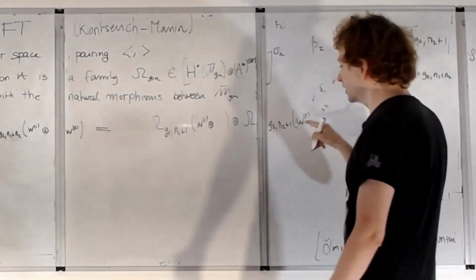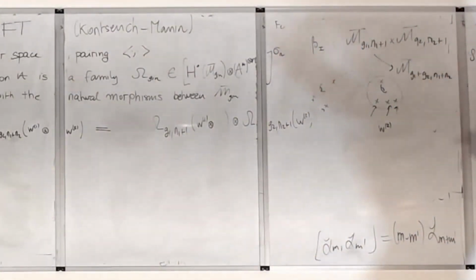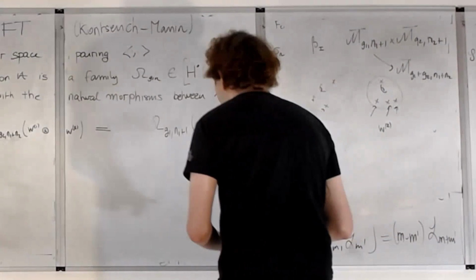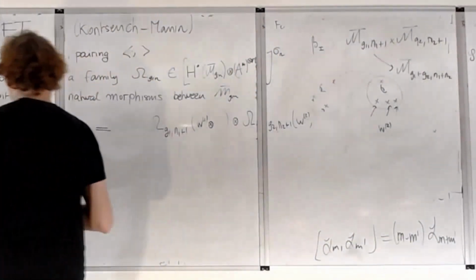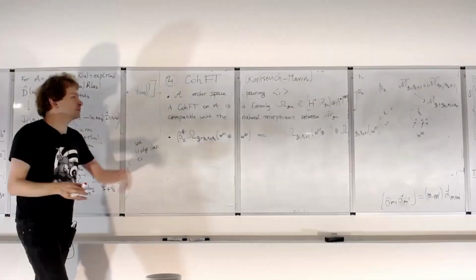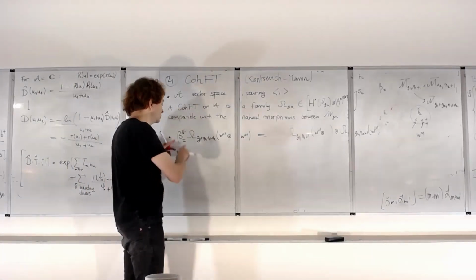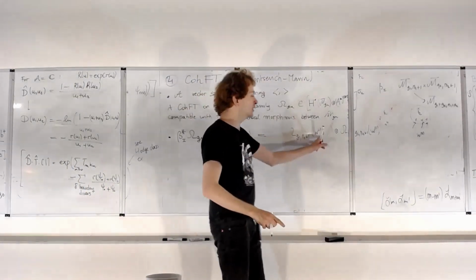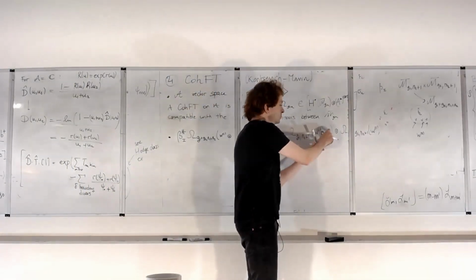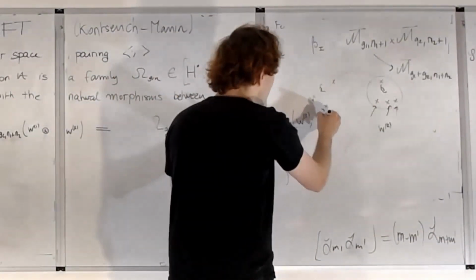And here I have to say what do I insert. Good. So I could ask whether it's true or not, it depends on your omega. I could ask that when I pull back this, I should exactly get this. But what do I put here?